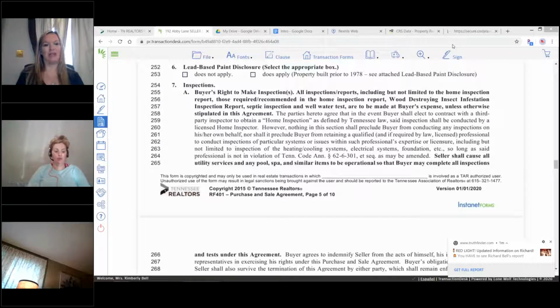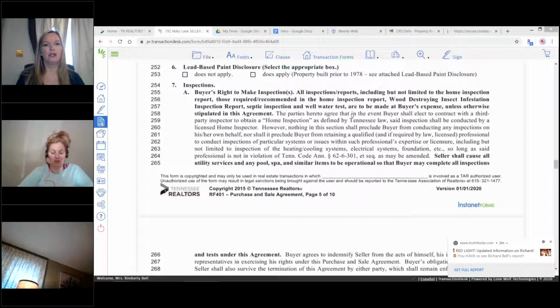Buyer's right to make inspection. All inspection reports, included but not limited to, the home inspection report, those required or recommended in the home inspection report, wood destroying insect infestation inspection report, septic inspection, and well water test are to be made at the buyer's expense unless otherwise stipulated in this agreement.